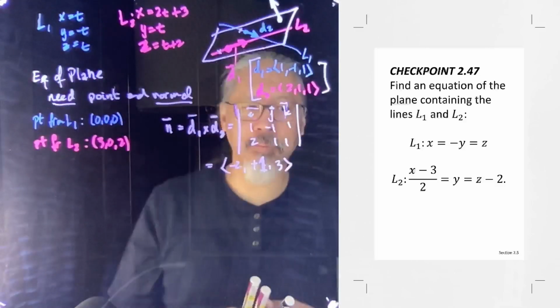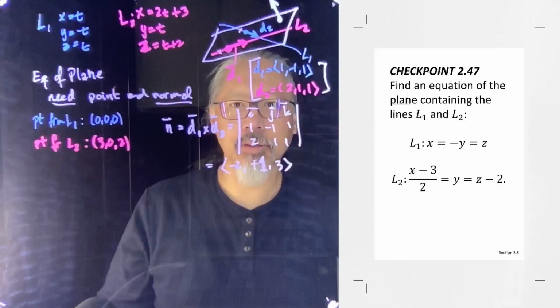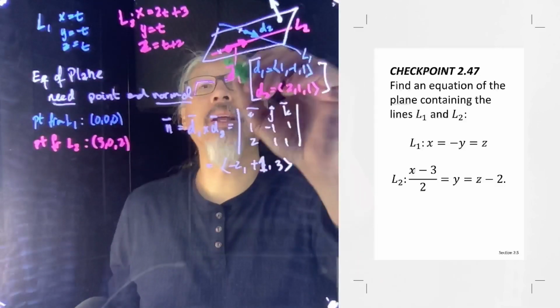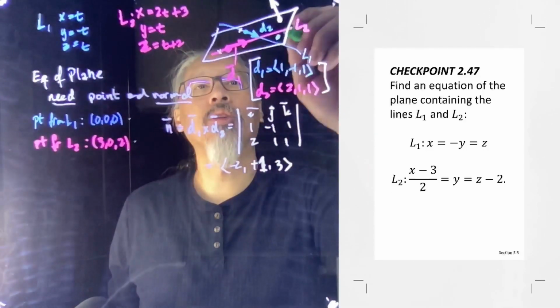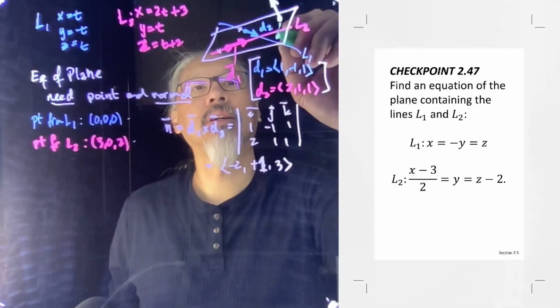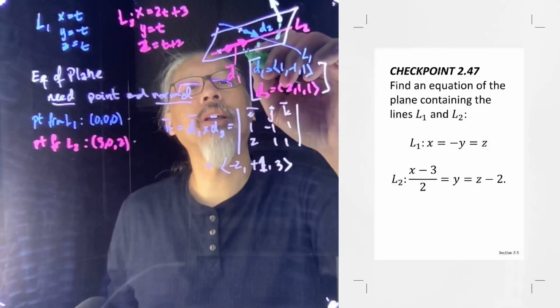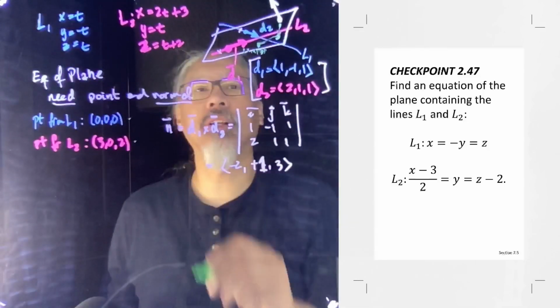Okay. Now to find an equation of a plane, what we need to do is randomly pick a point, and either of these points would work. So we have a point, and then we can connect another generic point, x, y, z, on the plane with that given point.